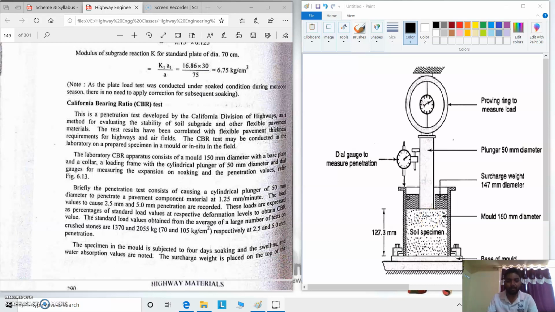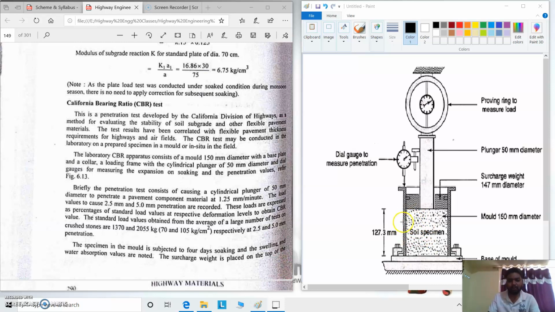After that, the loads at 2.5 mm and 5 mm penetration are recorded. In this test we record only the 2.5 and 5 mm penetration values, and these loads are expressed as a percentage of standard loads, with respect to the deformation obtained in the soil specimen.